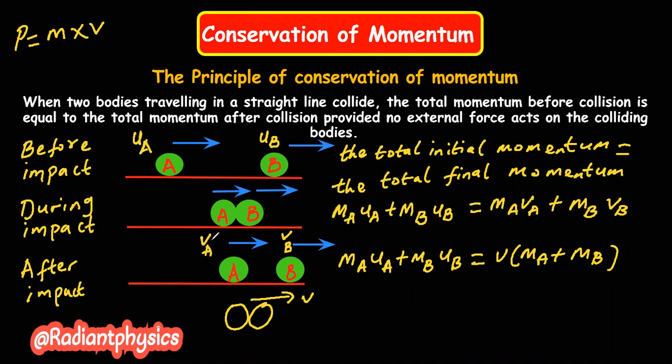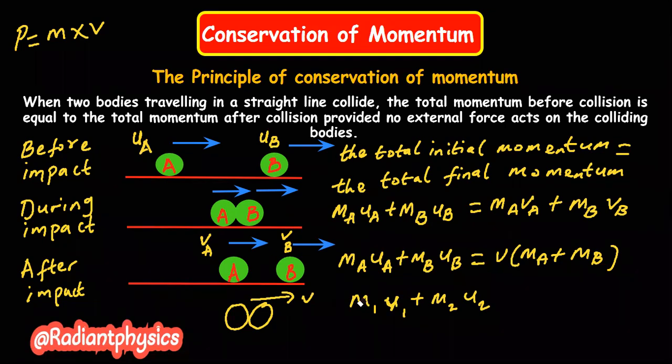as well as VA, which also stands for the final velocity of this ball A. In some textbooks, they may decide to use something like this: M1 U1, which also means the same thing. Or it could be written as this again.